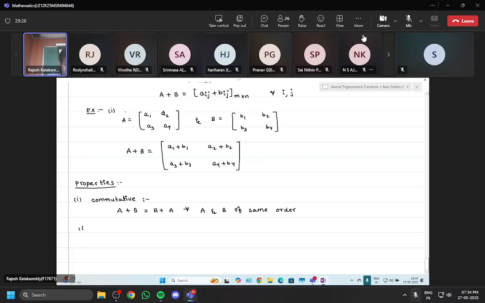Second one, matrix addition is associative. What do we mean by associative here? If you have three matrices of the same order, then addition is defined. A plus B plus C equals A plus B plus C, with any grouping.